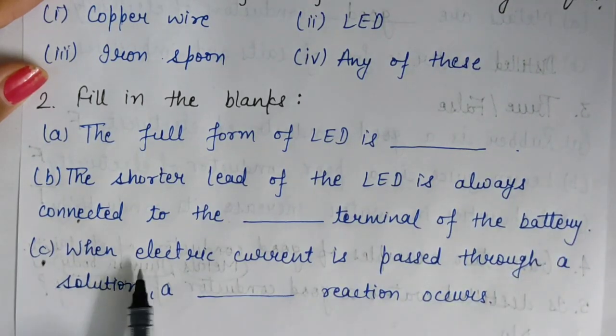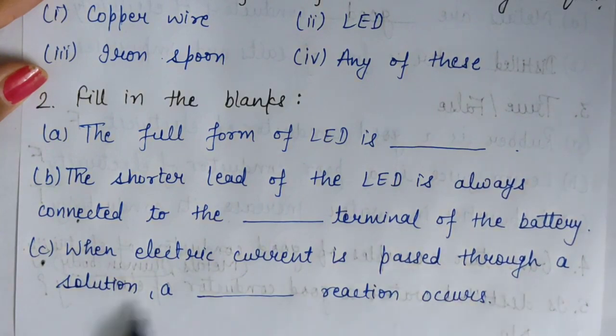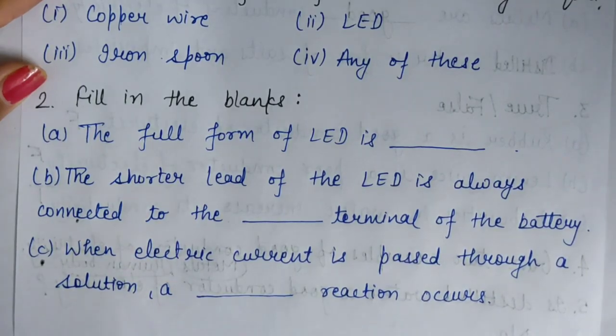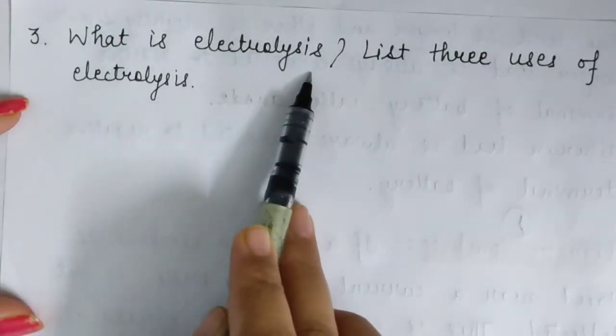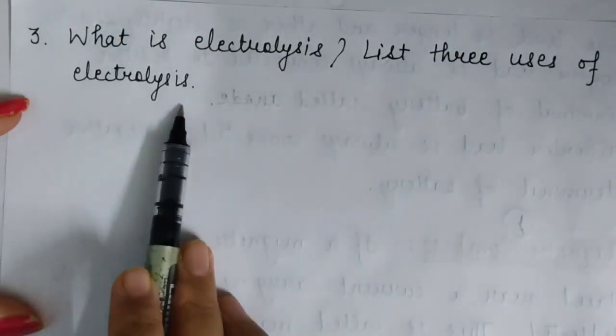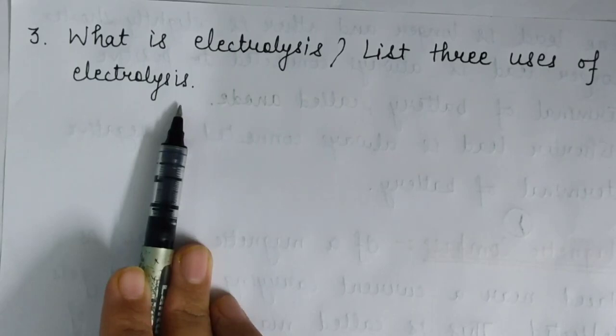C part is, when electric current is passed through a solution, a dash reaction occurs. Last question is, what is electrolysis? List 3 uses of electrolysis. So these are 3 questions you have to do in your fair notebook today. So this ends for today's lecture.